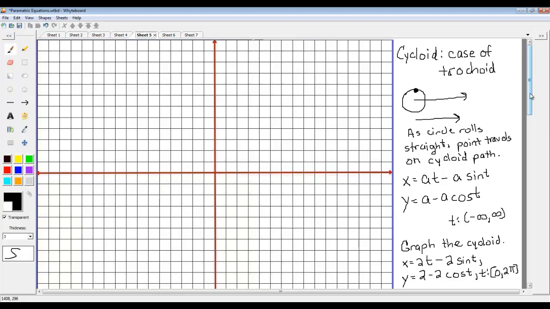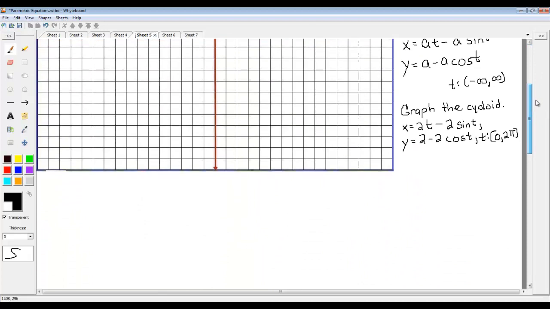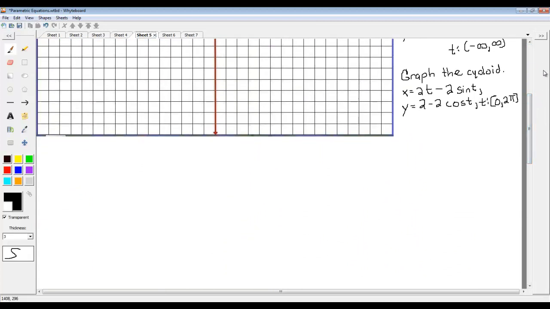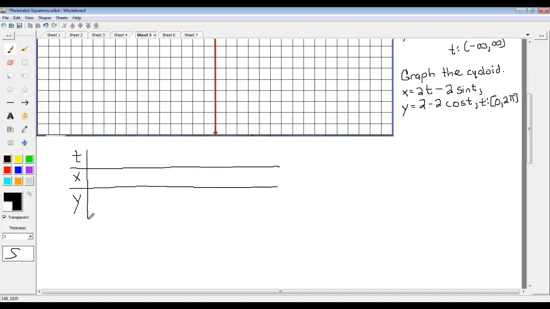So what we're going to do is get some values from 0 to 2 pi and get an idea about it, but we know that it's very round. So once we get a few points, we can just connect the dots, round it out, and there's our curve. Okay, so let's make a chart. Let's say a t, x, y kind of chart. We said over 0 to 2 pi, so let's start with 0.